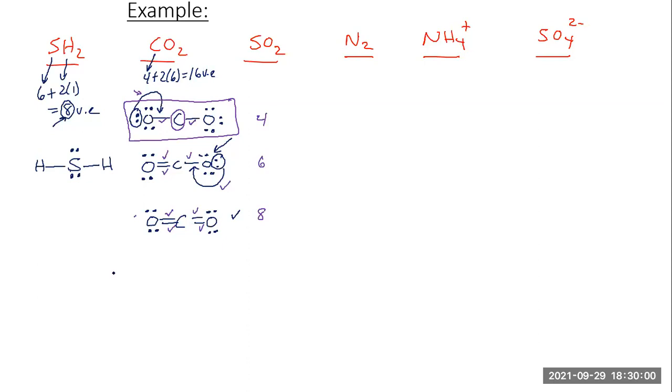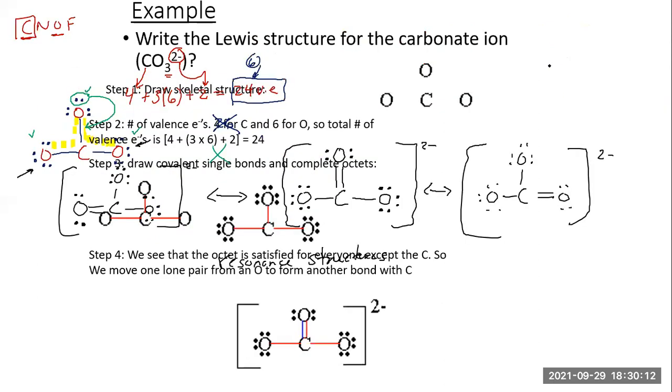Well, why 8? 8 is the octet rule, and really the reason for 8 is if you look at the periodic table, group 8 on the periodic table, which is way at the end, that's our noble gases. And noble gases are chemically inert.